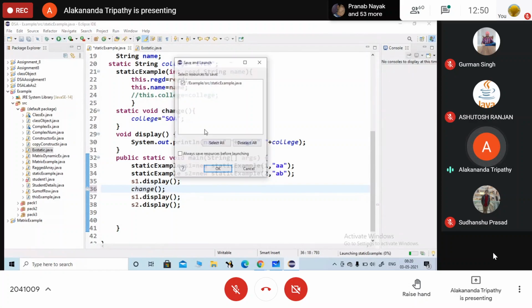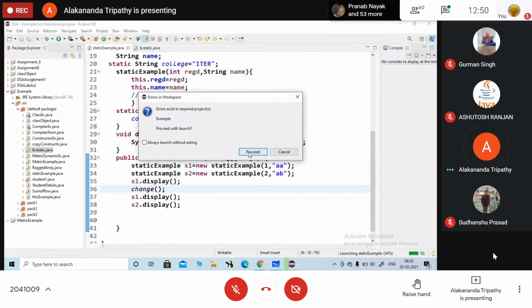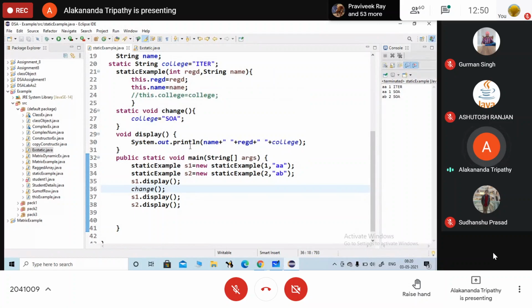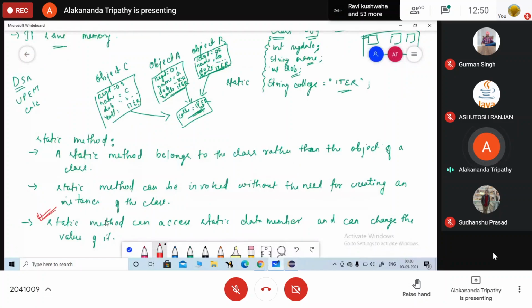Okay, we can directly call the method, and that second point is not working here in this case, as I have a higher version of JDK. Okay, so static method, remember these two points. You just remember this method point. Static method can access the static data member and can change the value of it. Okay.